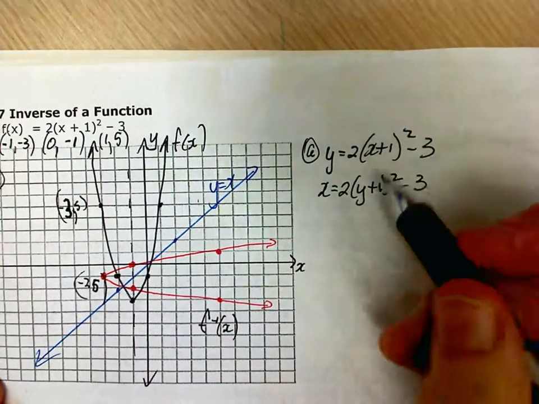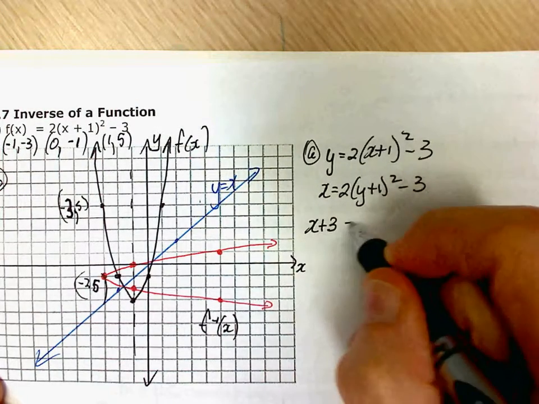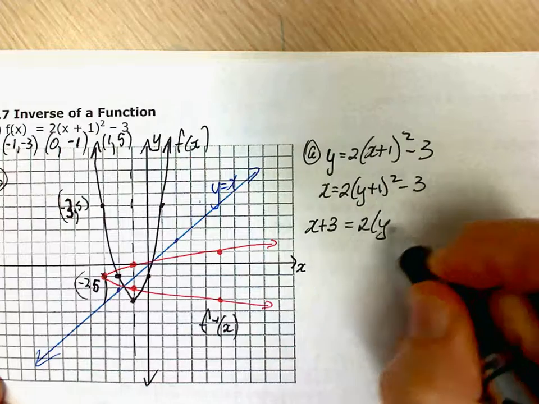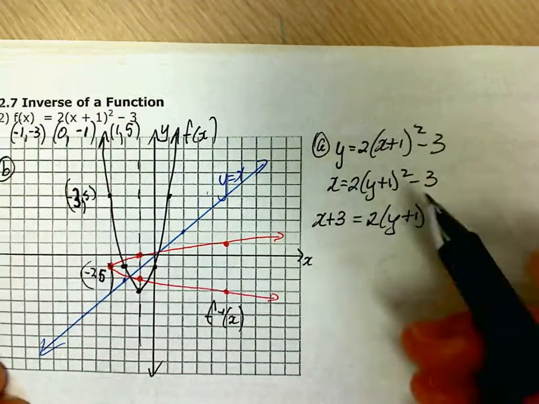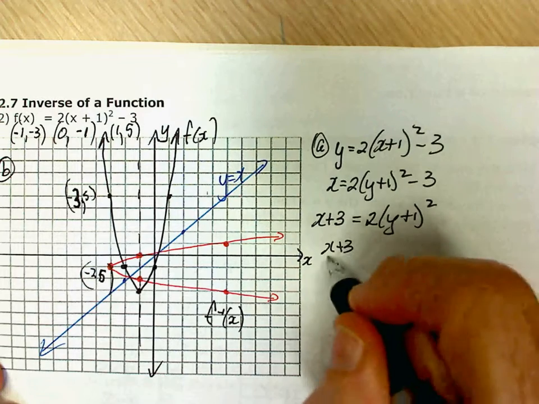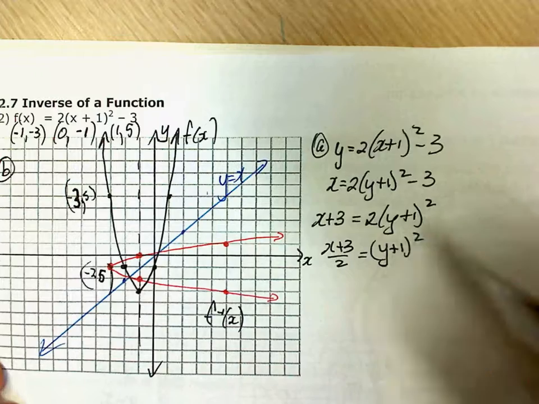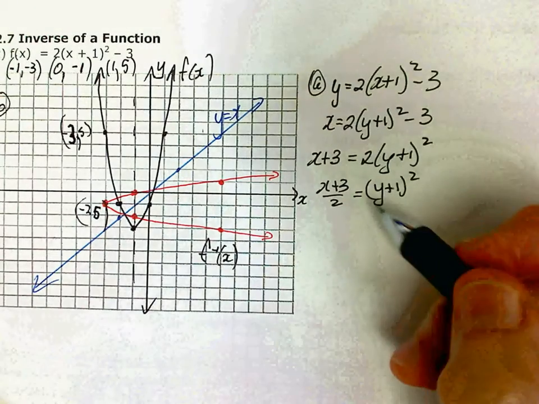Let's add 3 to both sides of that equation. Let's divide both sides by 2. Let's take the square root of both sides.